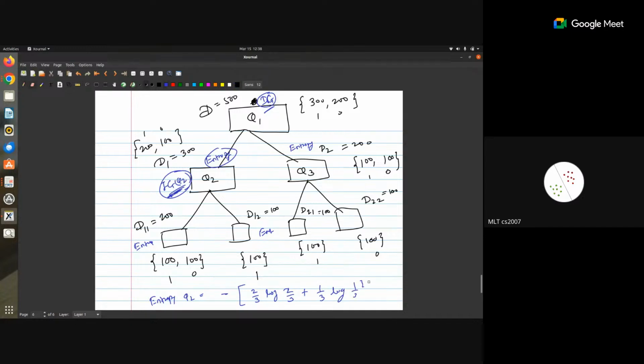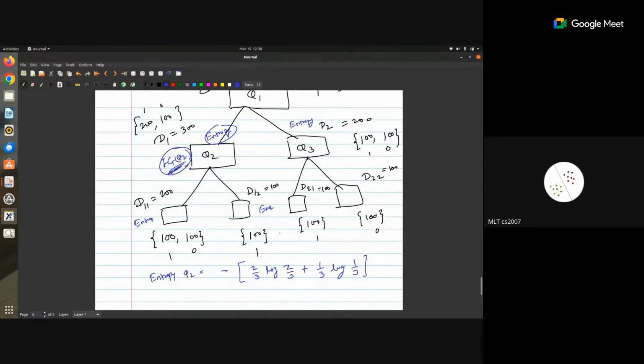Why? Can you tell me why? Yes, sir. It has 200 ones and 100 zeros. So this is the proportion of ones in the data set. There are 200 ones, and the total number of points in the data set is 300. So entropy at Q2 will be this part.